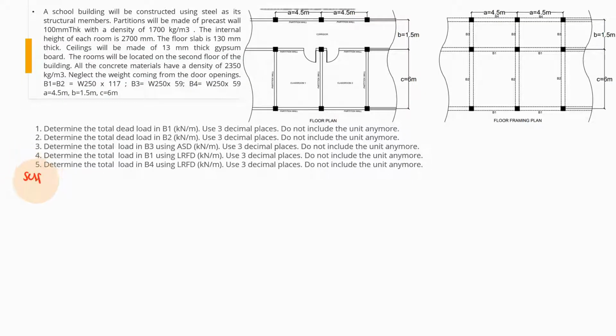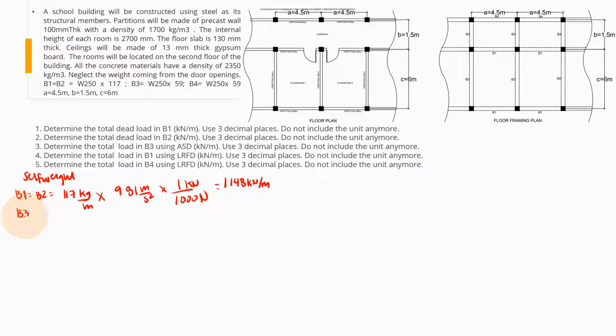So first is our self-weight. Let us solve the self-weight of the beam, in which our beam 1 is equal to our beam 2. So it is 117 kg per meter. We multiply it by 9.81 meter per second squared, and then divide it by 1,000 to get kilonewton per meter. Therefore, we have 1.148 kilonewton per meter.